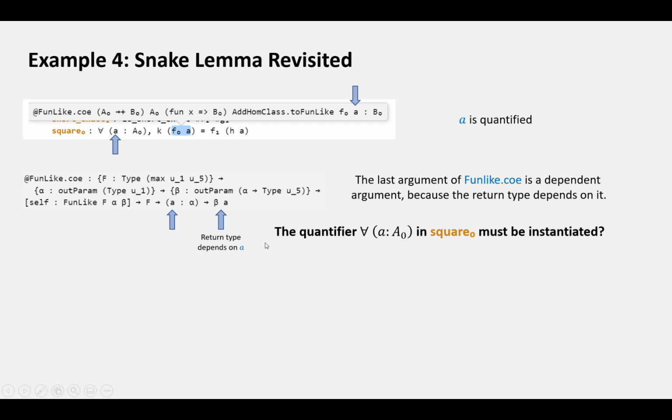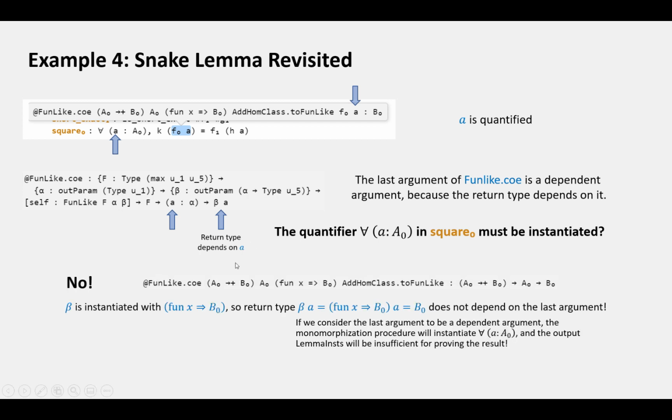But is this really true? Actually, it's not, because if we supply the first 4 arguments to FunLike.coe, we will find out that the return type no longer depends on the last argument. And why?